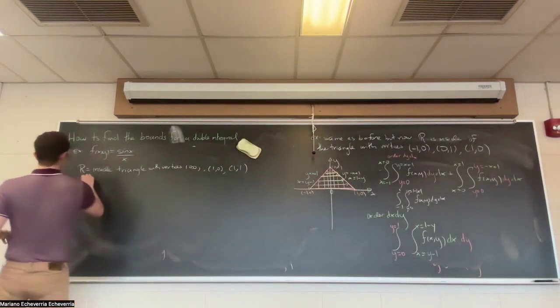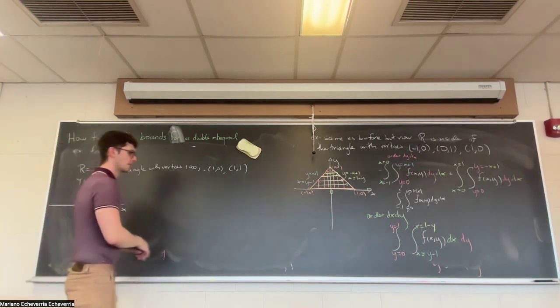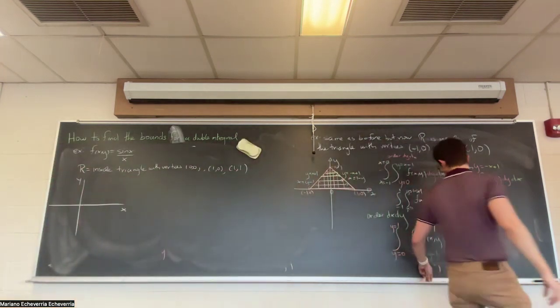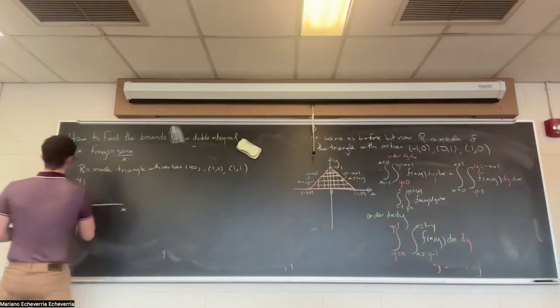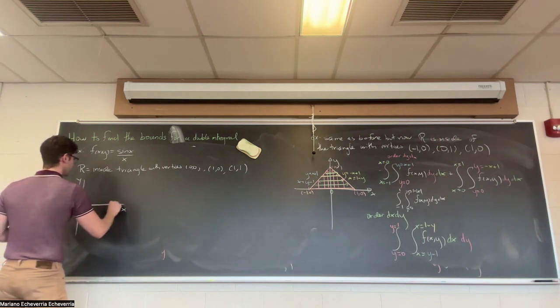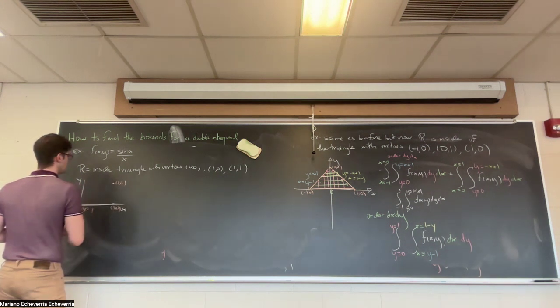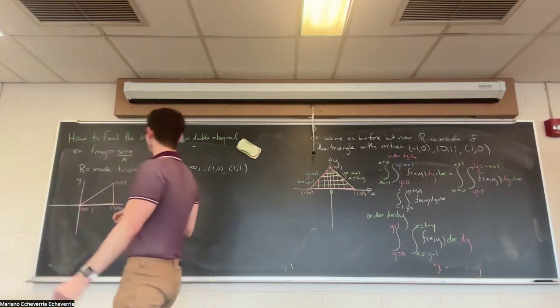So first, as always, let's draw the region. We kind of had worked with this triangle, or a similar version, last time. But now what I'm changing is the function. So now doing this. Okay.